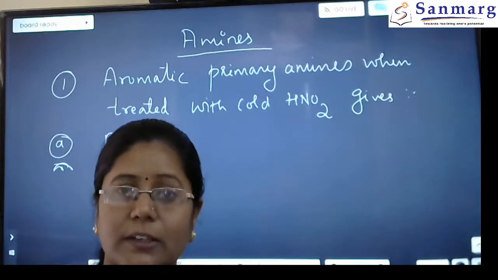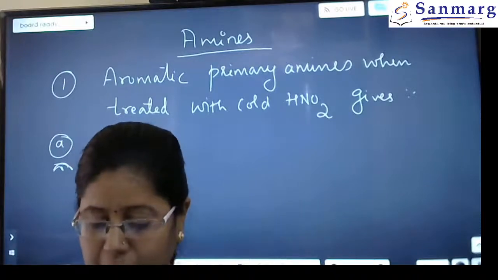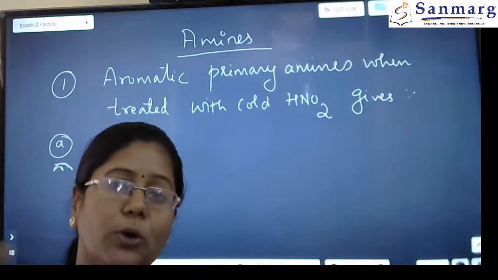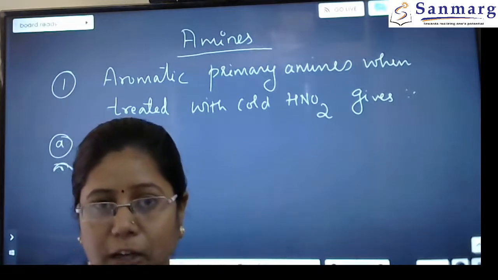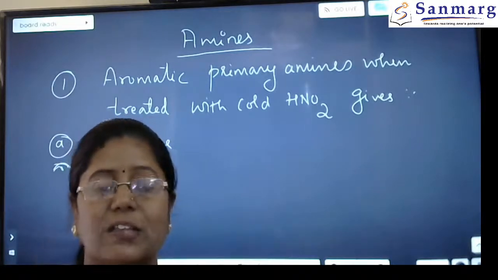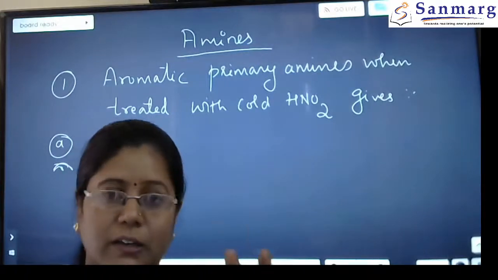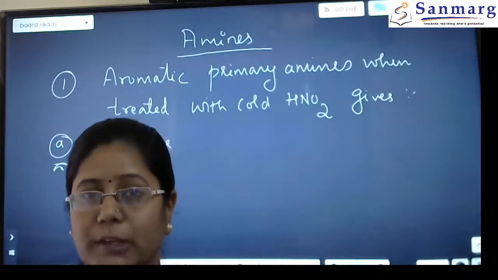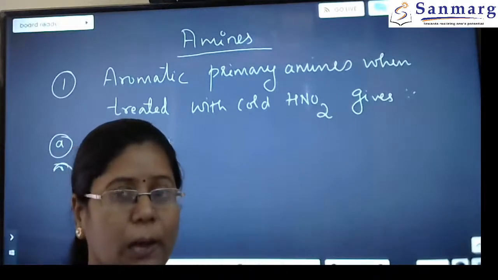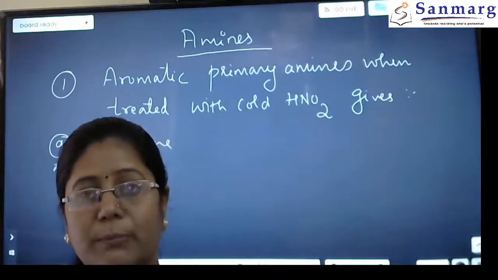In this reaction, we are taking amides, and amides are then converted into amines. For example, if you take benzamide, a benzene ring with a C double bond O NH2 amide group, this is called benzamide.